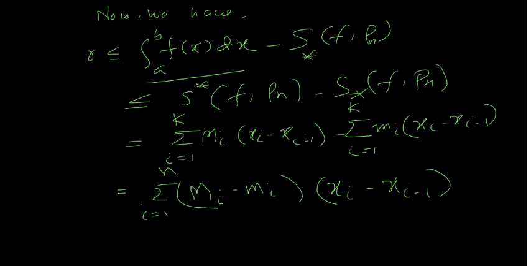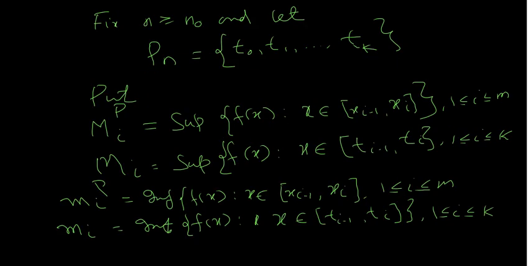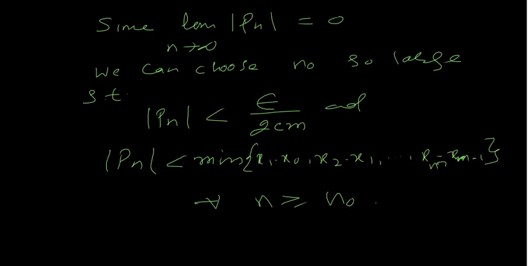And I will explain what V and what W are here. So this n is fixed here. Note that n is greater or equal to n naught. So that means for this n we have that the mesh of Pn is less than the minimum of the lengths. So the lengths of the subintervals with respect to the partition are less than this. So that means some of the subintervals may be contained in a single subinterval.